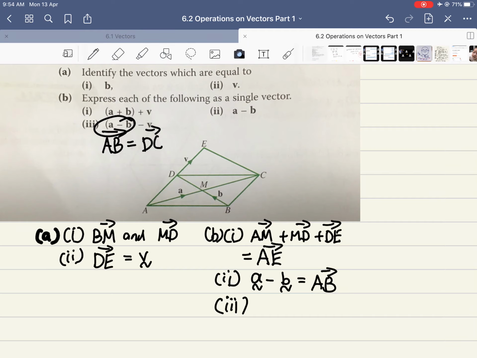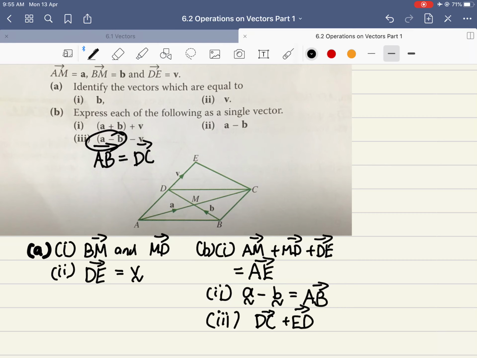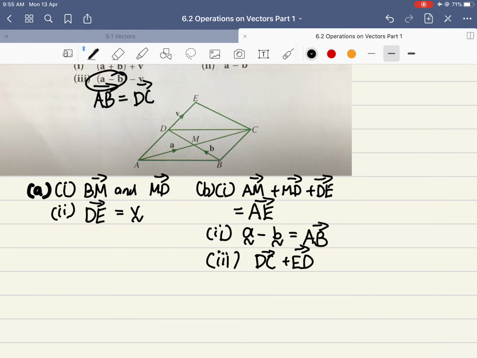So in this case, let me just write it down. I have DC plus the vector ED. Now, if you notice, DC plus ED can be rewritten as ED plus DC.